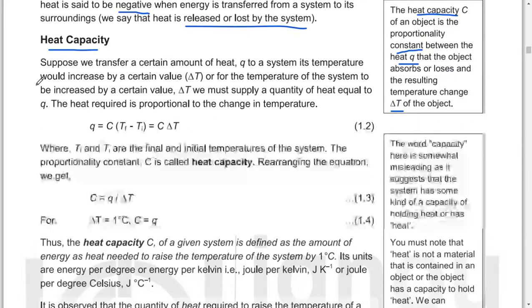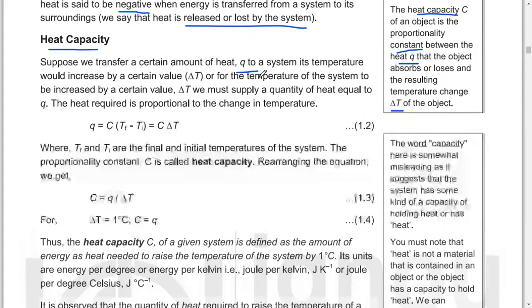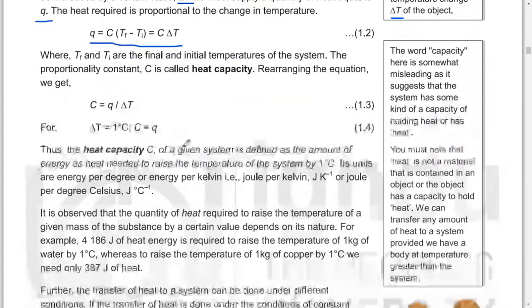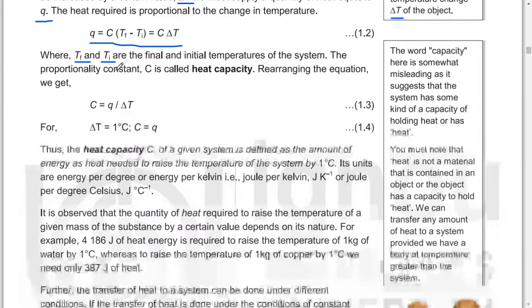Suppose we transfer a certain amount of heat Q to a system; its temperature would increase by a certain value delta T. Or, for the temperature of the system to be increased by a certain value delta T, we must supply a quantity of heat equal to Q. The heat required is proportional to the change in temperature: Q equals C times (Tf minus Ti), equals C delta T, where Tf and Ti are the final and initial temperatures of the system.